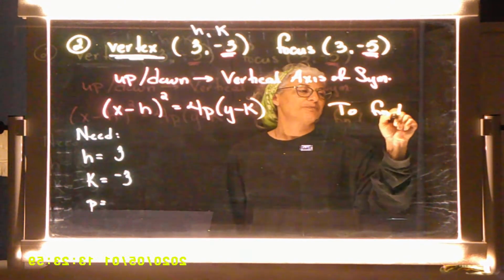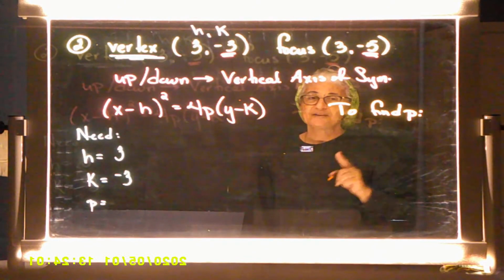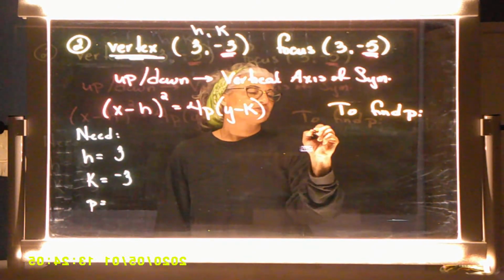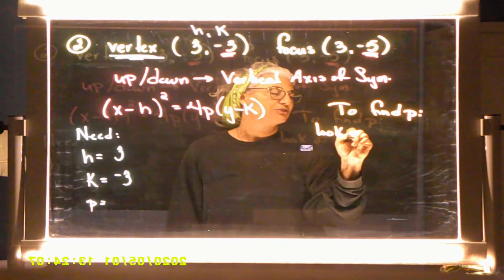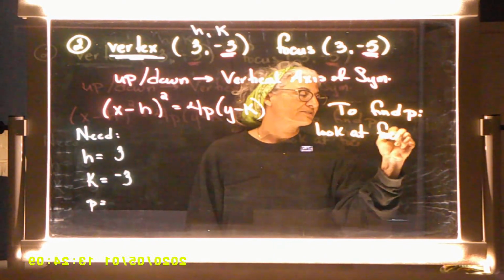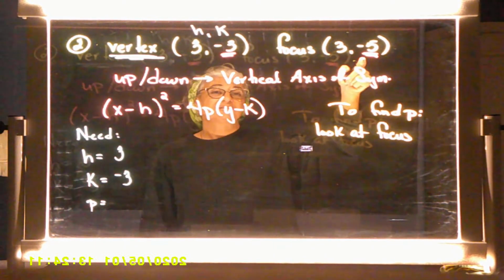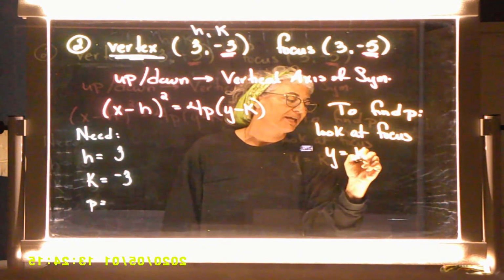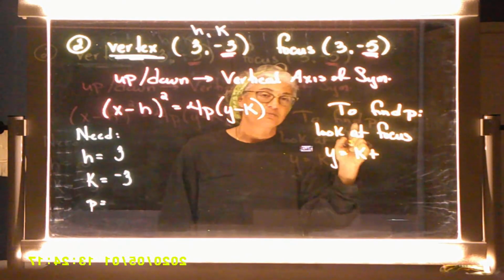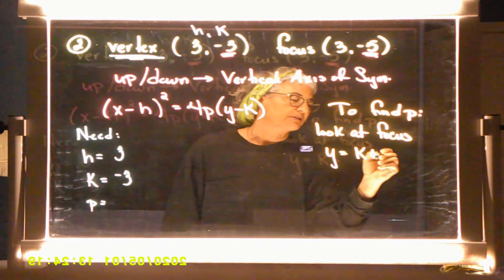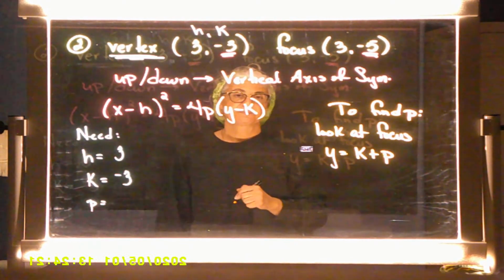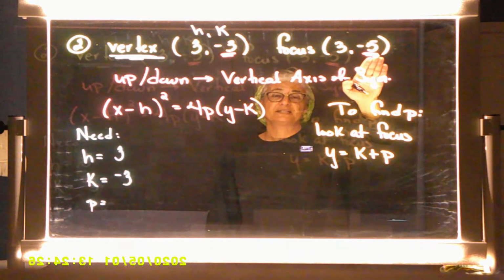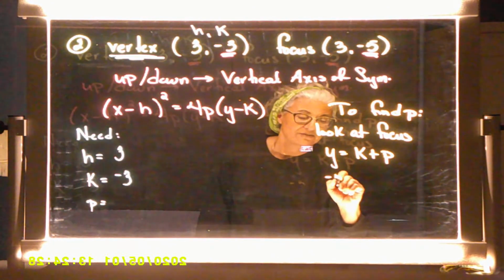So to find p, you know what we haven't looked at yet, right? You're right, we haven't looked at the focus. So, look at the focus. And it's the y that's changing, isn't it? Which means y has to be equal to k plus p, because the focus is inside the parabola. So, when I look at my focus, my y coordinate is -5.